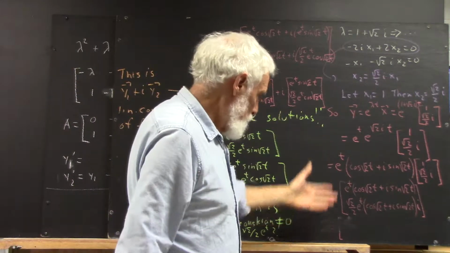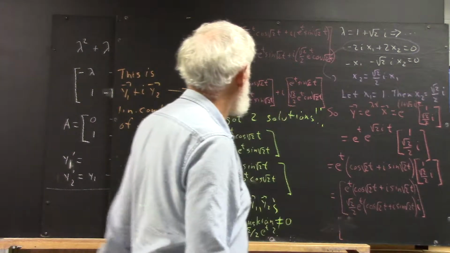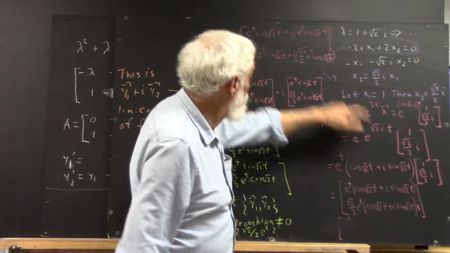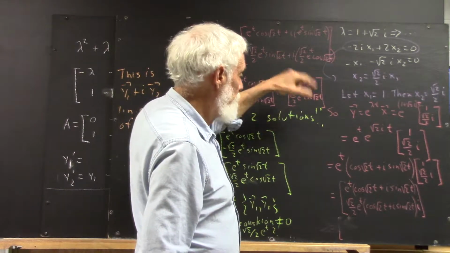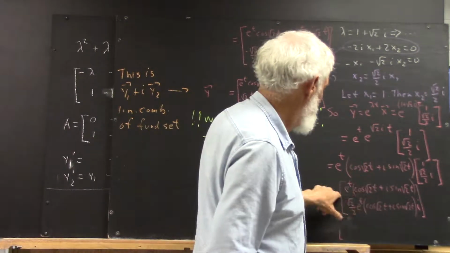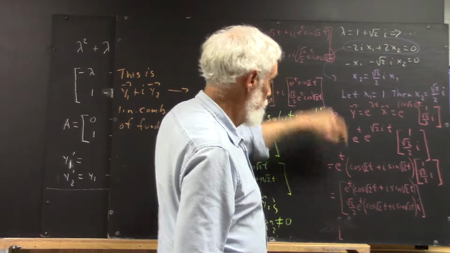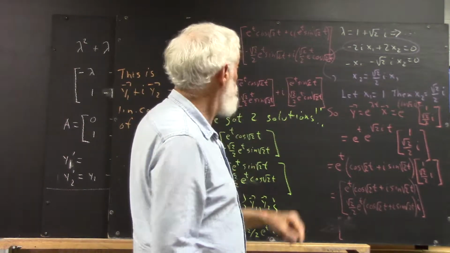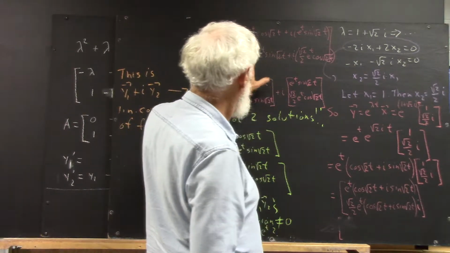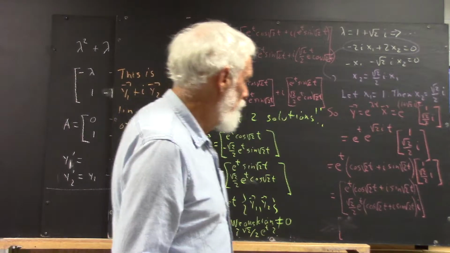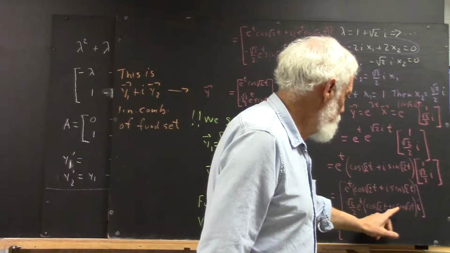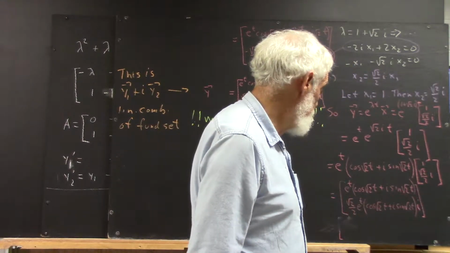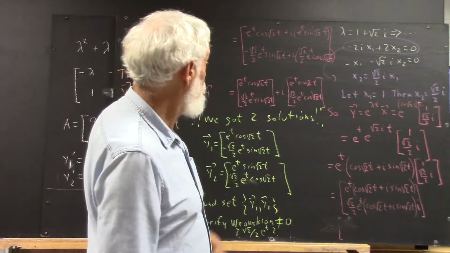Now, we simplify this. We expand e to the t cosine square root of 2t plus i times e to the t sine square root of 2t. We've just distributed the e to the t through here, broken this into real and imaginary parts, and we've done the same here, remembering that we've got an i here, which when multiplied by this i will give us a negative on the sine of the square root of 2t, and an i on the cosine square root of 2t.